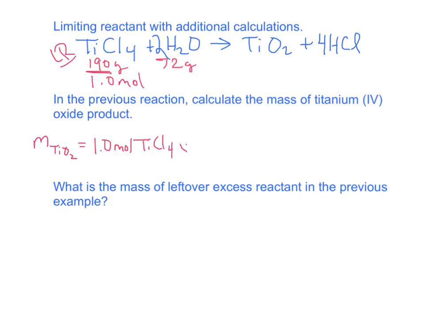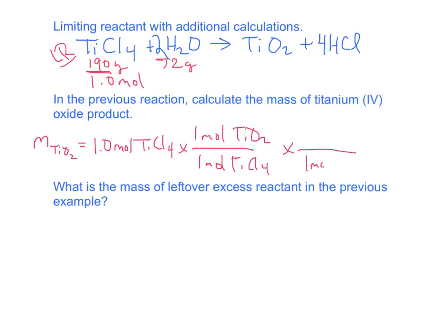So we need to transfer 1 mole of TiCl4 is 1 mole TiO2. And now it just becomes a mole to mass conversion.